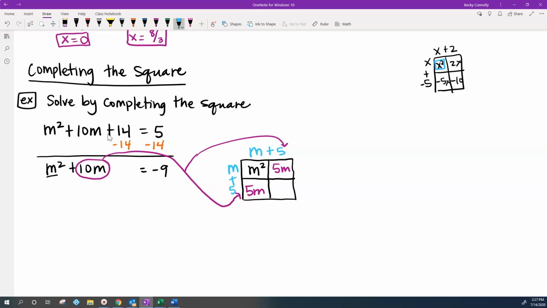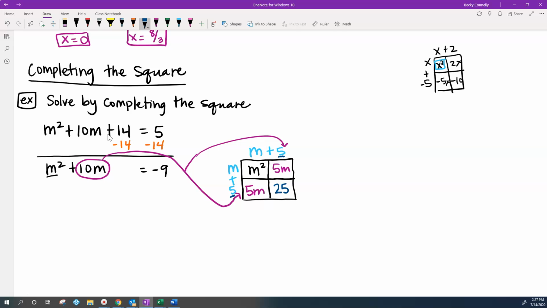And then the part that we're doing for completing the square is figuring out what this box would be. So if I did all this multiplication, 5 times 5 is going to give me the number in this new box, which is going to be 25.